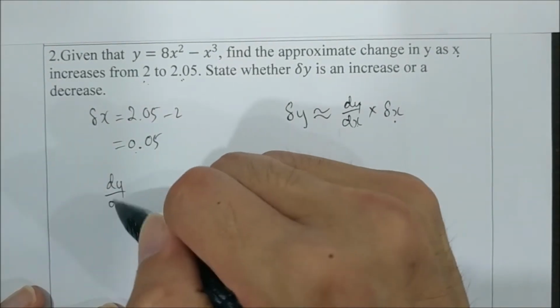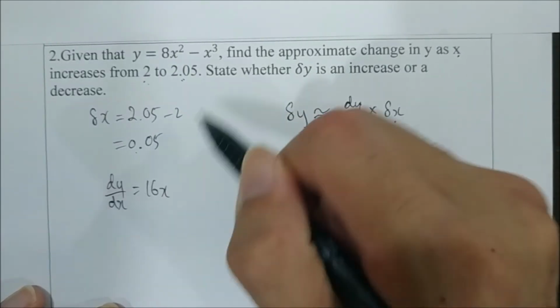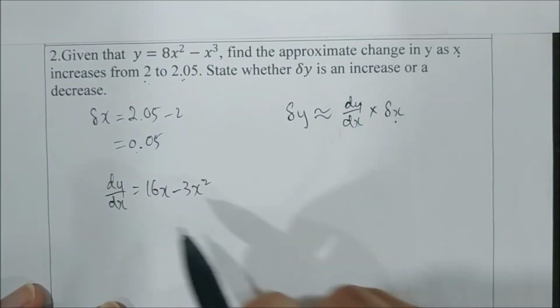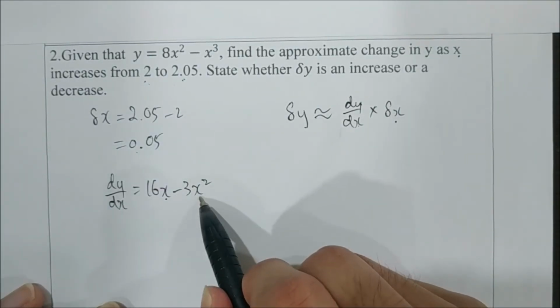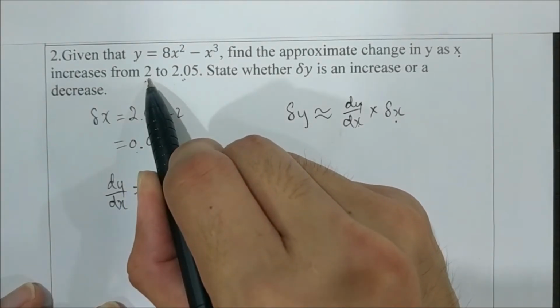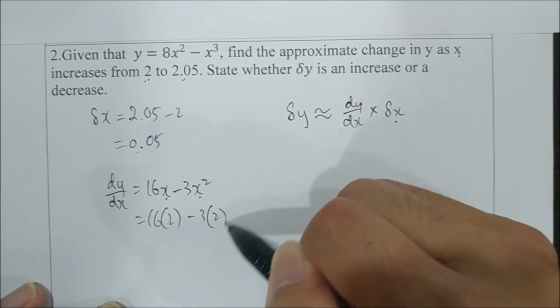You get dy/dx equals 8 times 2 is 16x, and this one is 3x squared. We substitute the value of x by using the original value, which is 2. So 16 times 2, minus 3 times 2 squared.